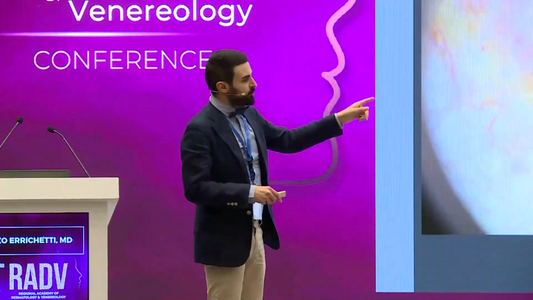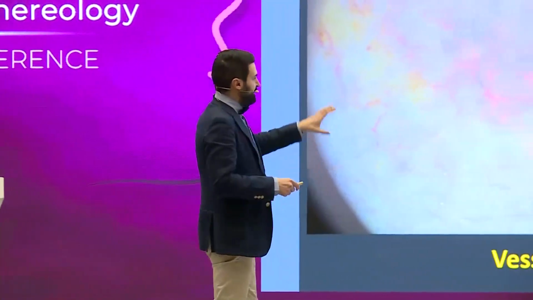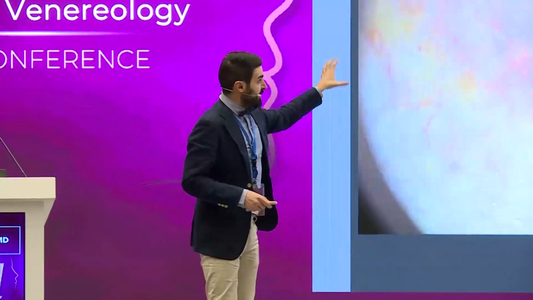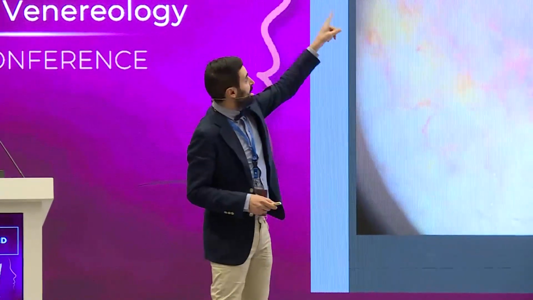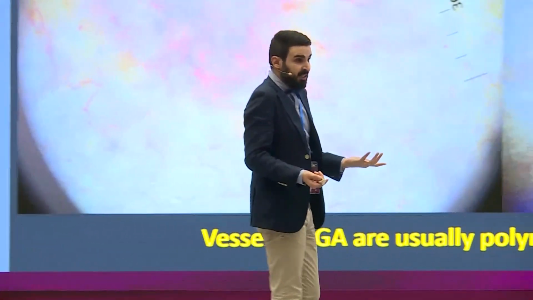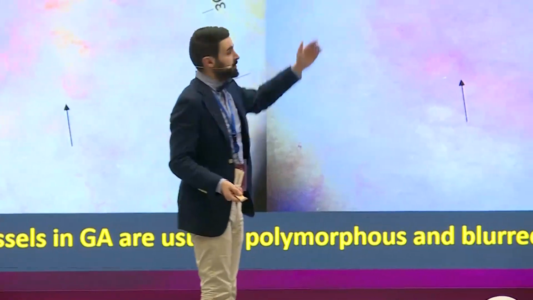And also in granuloma annulare, as I told you before, vessels are very blurred. We may see orange, but just in the palisading granuloma histological subtype, because we know that there is another histological subtype in granuloma annulare, which is the interstitial variant.